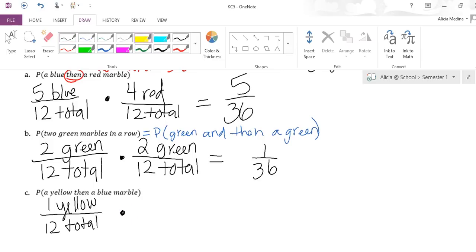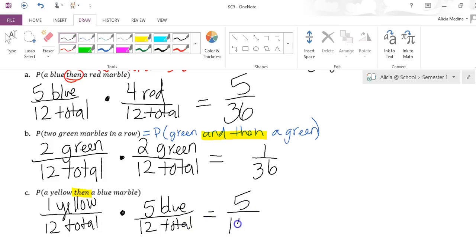Our blue marble, how many blues did we have? We had 5 blue. Again, still over our 12 total. When we multiply these out, we get 5 out of 144, which is a pretty low chance of picking a yellow and then a blue.